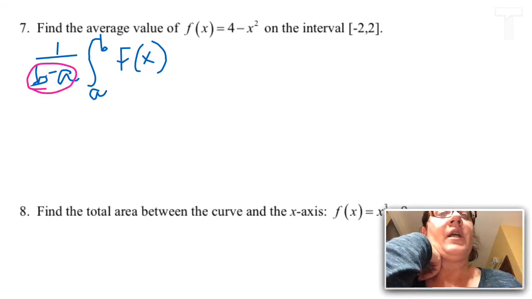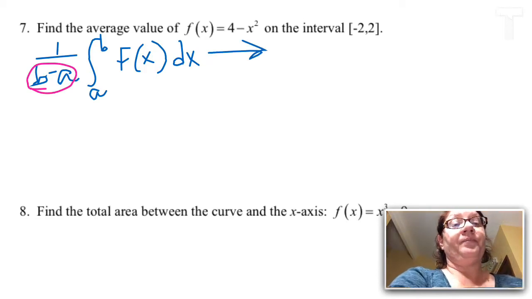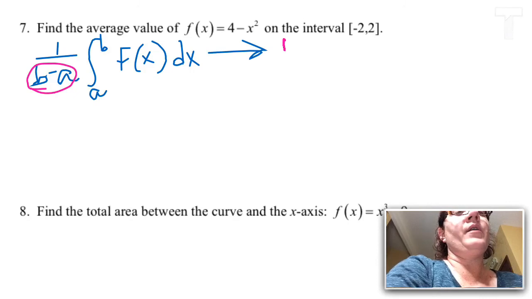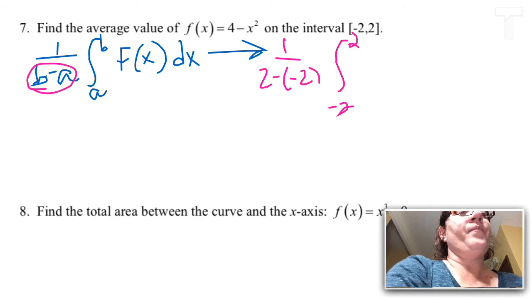So I've really just taken that formula and manipulated it. And so now when I start plugging the stuff in, I'll have 1 over 2 minus -2, and then integrating from -2 to +2. Left one always goes on bottom.